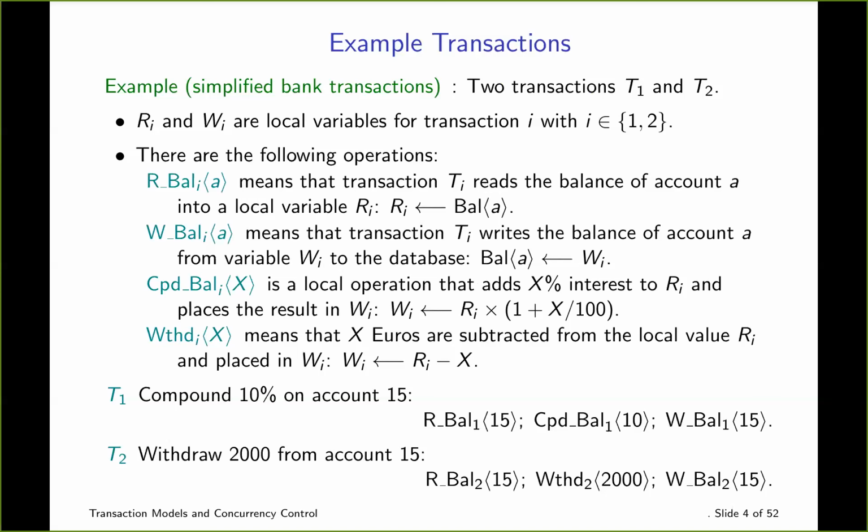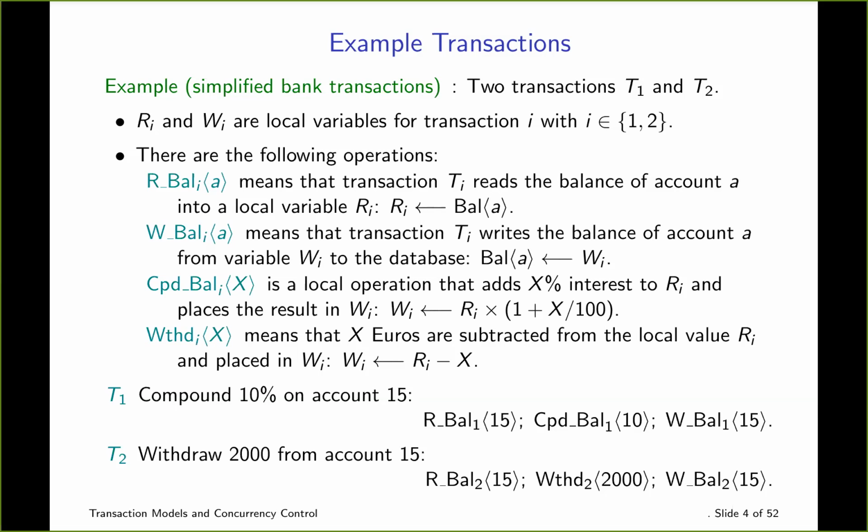So let's just consider the following operations. We're going to define these in kind of pseudocode. We have a read balance. This is when a transaction i reads the balance of A. What this is doing is loading the amount of the balance of A into a local variable, and that local variable is R sub i.